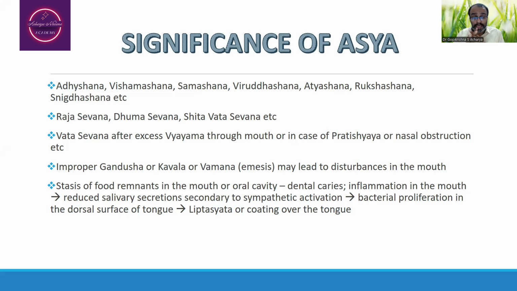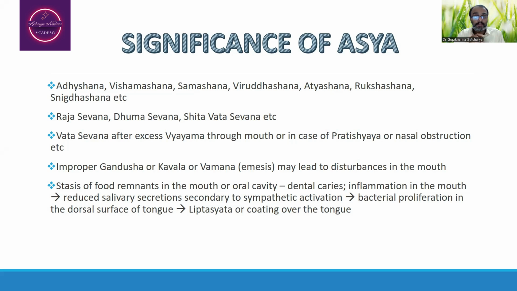If you look into the mechanism, what actually happens is there may be a possibility of remnants of food staying in the oral cavity for a longer amount of time. When that happens, it may lead to disturbances in the oral cavity, such as dental caries or inflammation in the mouth.